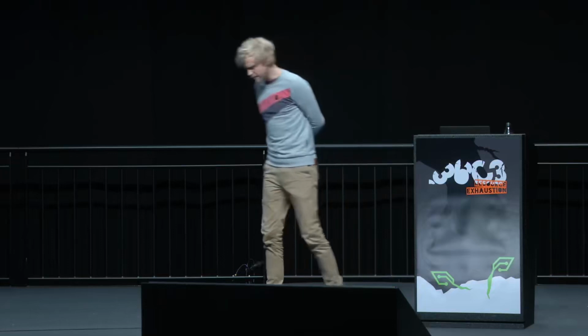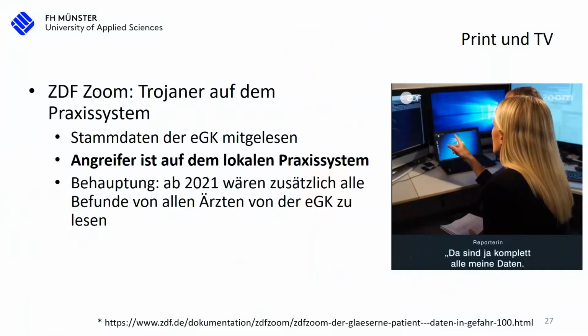So now the TI in public media, or in public opinion. For example, on ZDF, the second German television network, they talked about it, and there was a Trojan horse on the practice network. And they showed that if this is the case, then I can actually intercept the data of the electronic health insurance card.